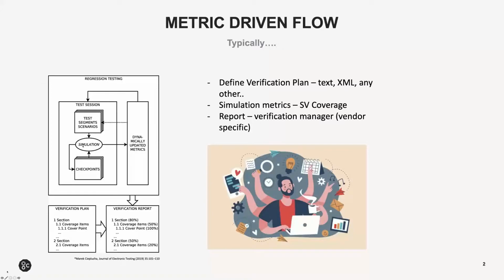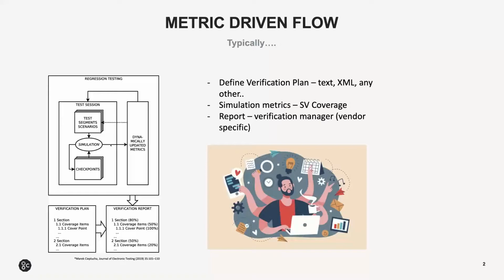Ordinarily, we have a process that looks something like the picture on the left-hand side. We've got a verification plan, and we've got some regression tests, a set of test suites, a set of scenarios that we run. We collect some metrics on them, and we map them onto our verification plan, and hopefully, at the end of the day, we've hit our coverage goals, and we can take back the chip.